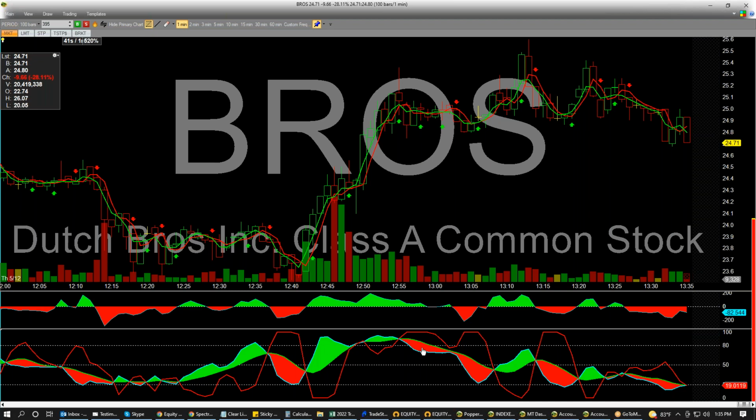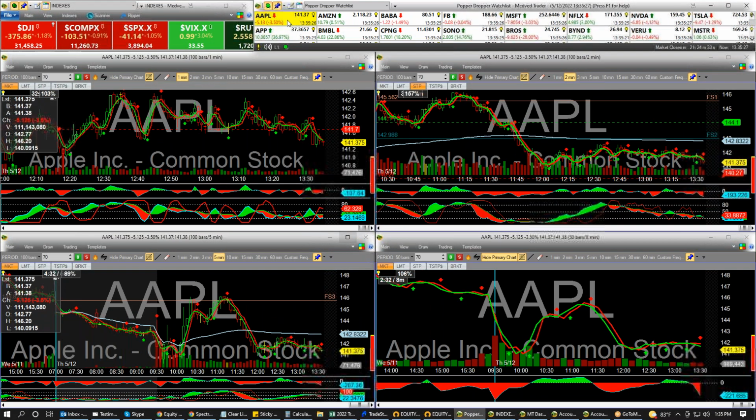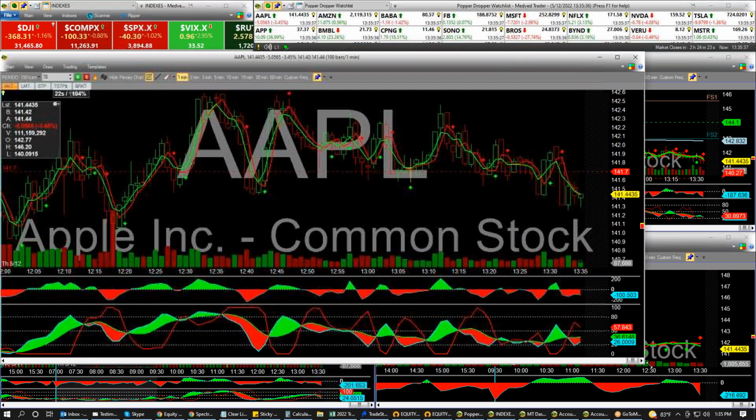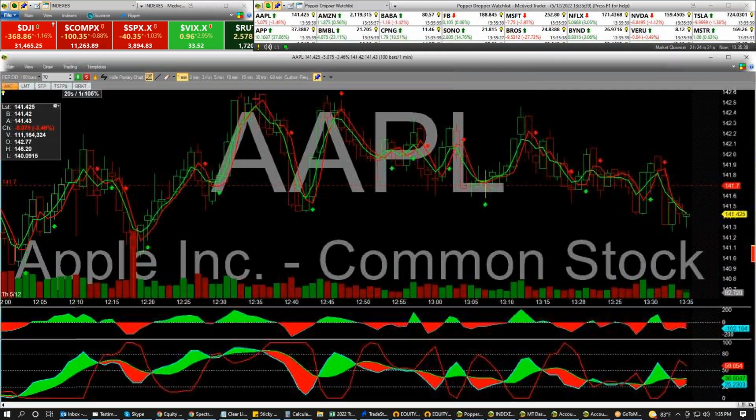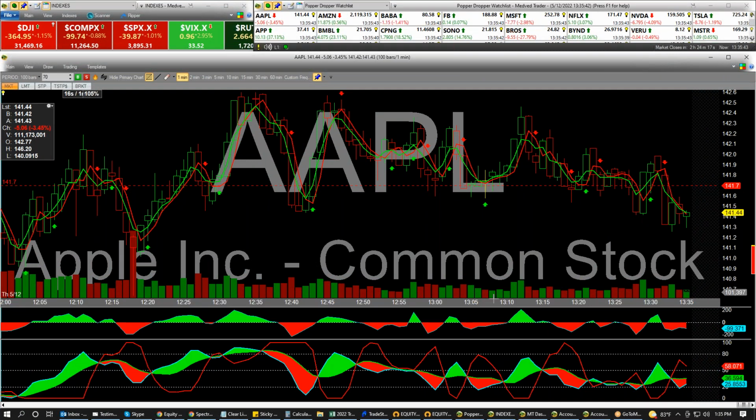So what I have found is that when watching the two lower indicators in conjunction with the Clear Lines on a 1 minute, I've noticed, and I'm going to stretch this down so I can click through symbols up here, but I still see it.